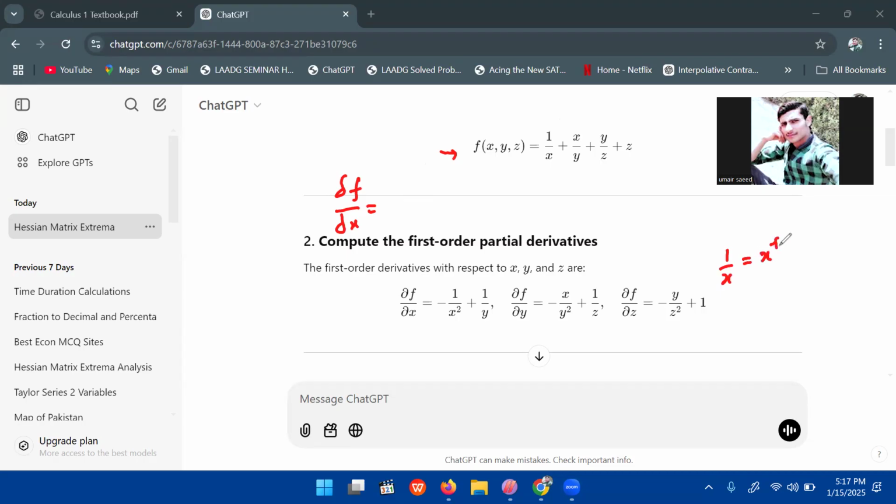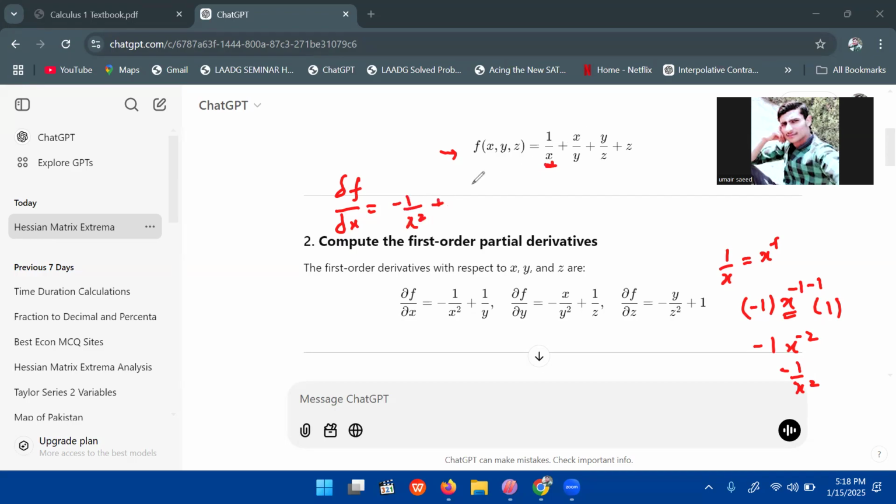When we apply the power rule, minus 1 comes first, then x raised to power minus 2, so we get minus 1 over x squared. This is the partial derivative of f with respect to x for this term.